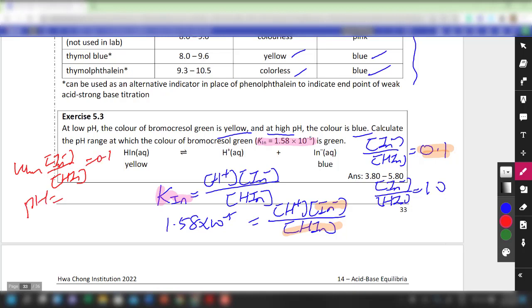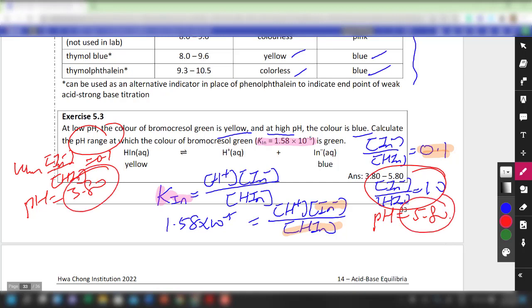I simply do 1.58 times 10 to the power minus 5 divided by 0.1, and then take the negative log base 10 of this. I'm getting 3.80. The other extreme, if I punch my calculator, I should get 5.80. Therefore the working range of the indicator will be from 3.80 to 5.80.